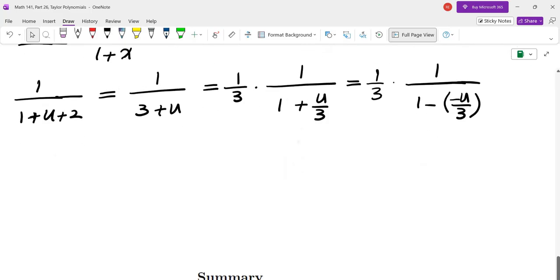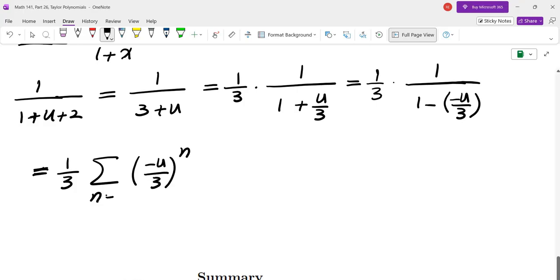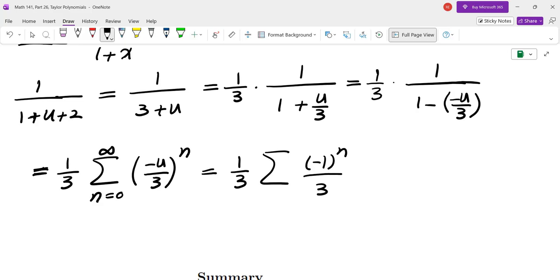Now for this, we can use the Taylor series for 1 over 1 minus x. So this is the sum of (negative u over 3) to the power of n, and n goes from 0 to infinity. So this would be 1/3 the sum of (negative 1) to the n over 3 to the n, times u to the n. u was x minus 2, to the n, and n ranges from 0 to infinity.